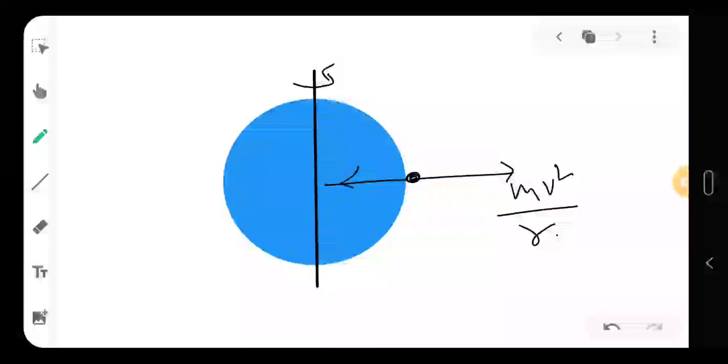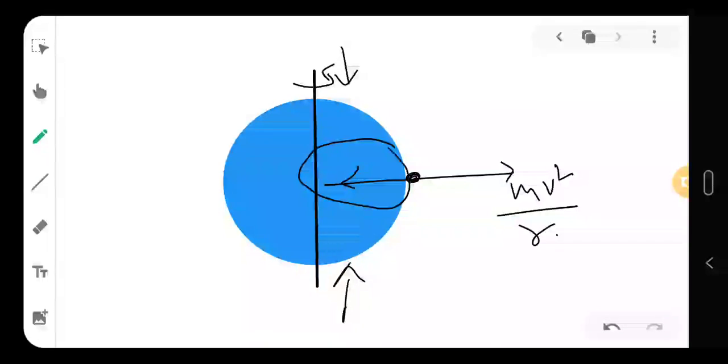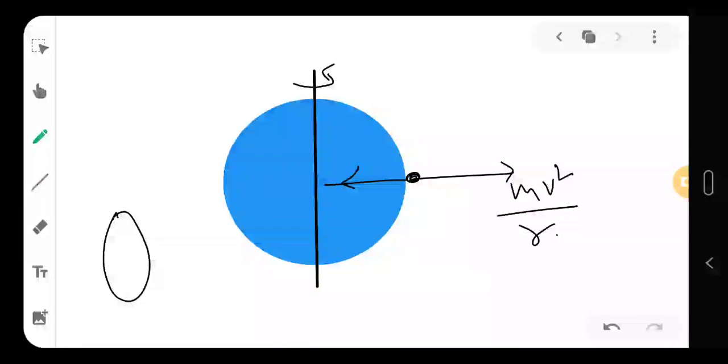Now you can see that when the Earth is oval and these two sides are compressed a little bit, more mass is there in these portions, right? I'm just trying to tell you that if you have something like this and here you have this, where will the pull be more?